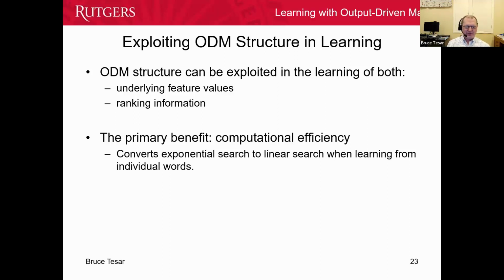And the primary benefit is computational efficiency. By that, I mean that it converts in key stages exponential search to linear search. So it greatly reduces the amount of work, the number of forms that have to be evaluated to come to a conclusion in the process of learning.